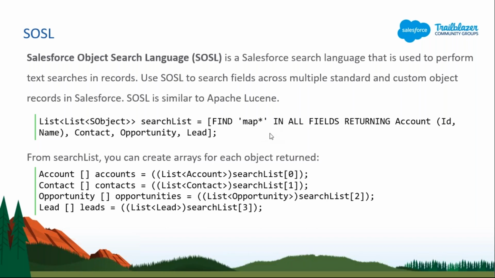So it will search the word map from all the fields which contain map anywhere, in the beginning or middle. You can also use only the beginning, and remove it from here. With star map, it will search for records which have map at the end of that particular name and return them.